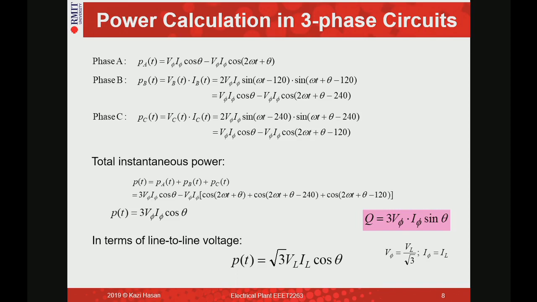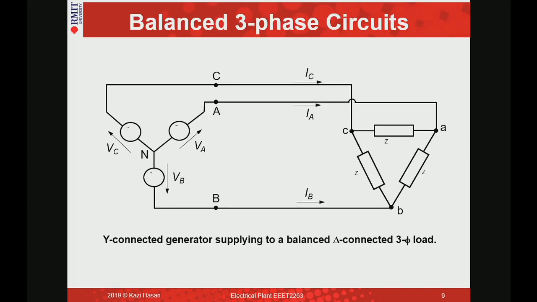So real power, reactive power, and apparent power, all of the equations will be in this form in terms of line to line quantities. So this is where we started: a balanced system, Y and delta, the relationship between phase and line voltages and currents, and calculation of power for a 3-phase system.